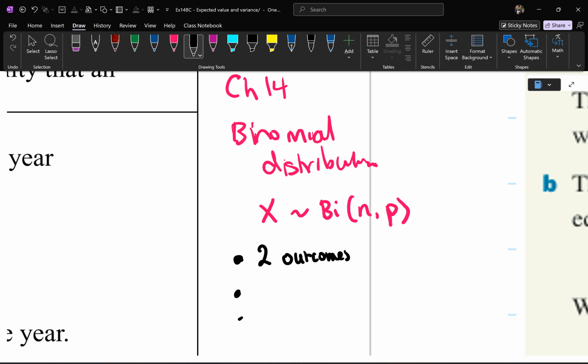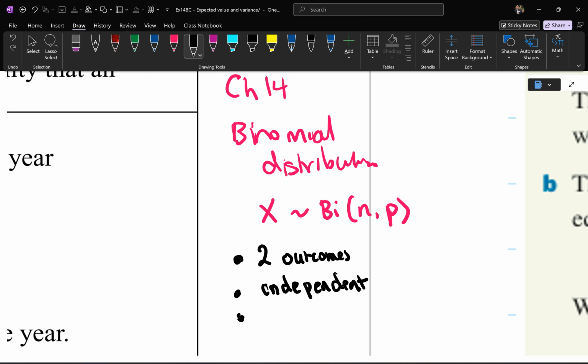Three conditions in total. It needs to have two outcomes. The trials must be independent. Each trial needs to be independent of each other. And then the last one, which is the key part, is why you can use binomial distribution: all the probabilities must be equal.